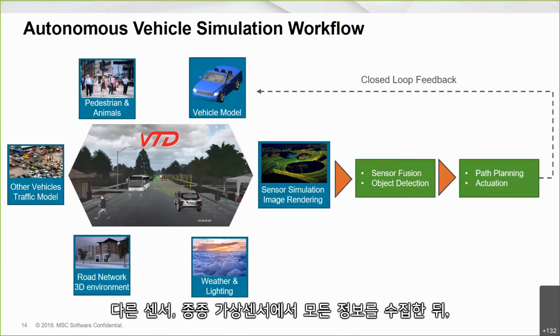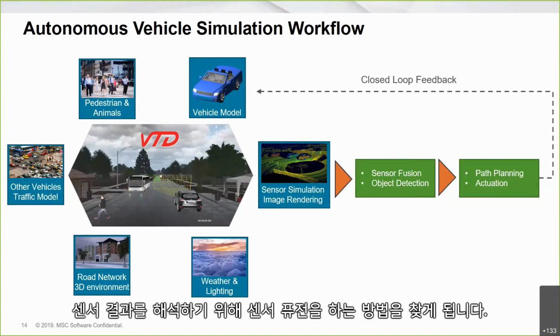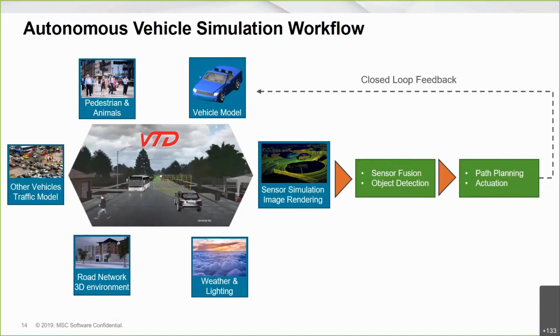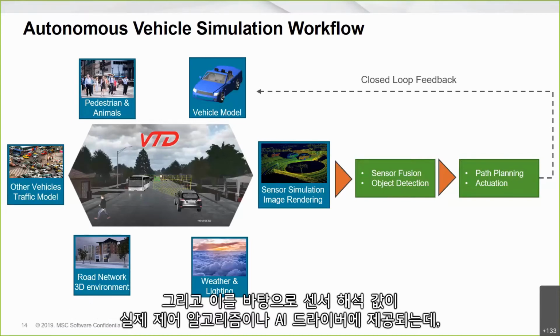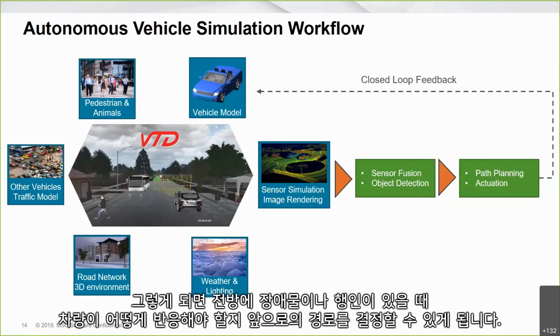After they get all the information from different virtual sensors, they will find a way to do sensor fusion and interpret those results from different types of sensors. Based on those, it will be provided to the actual control algorithms or AI driver, which will decide what is going to be the path going forward, for example how to get over an obstacle, or how to react if there's a pedestrian walking in front of you.